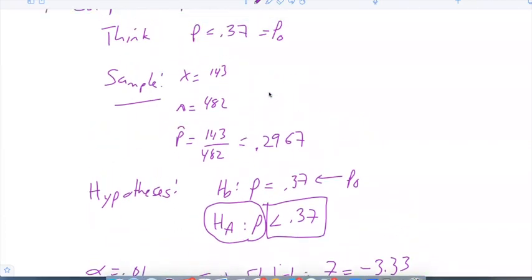In fact, up here, we should draw a picture. This is what our model's based around. So right in the middle, we've got P naught, which was 0.37. Way down here was my sample.